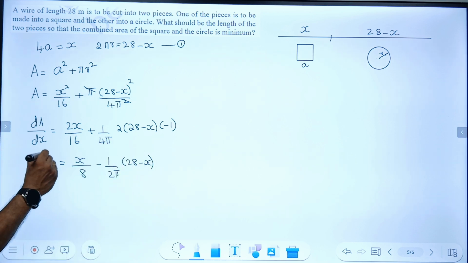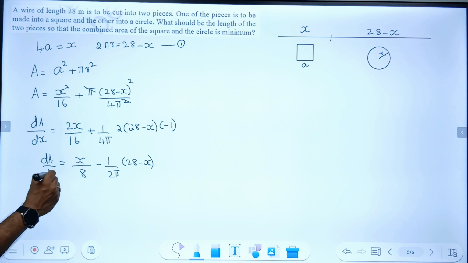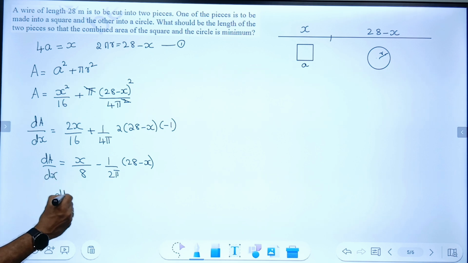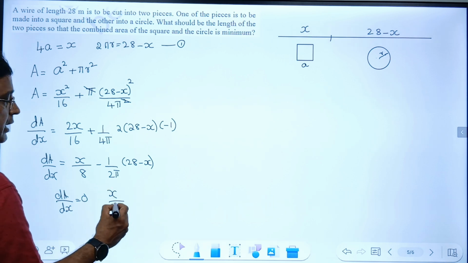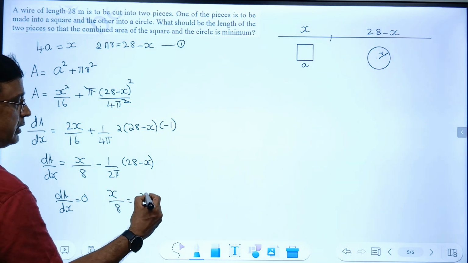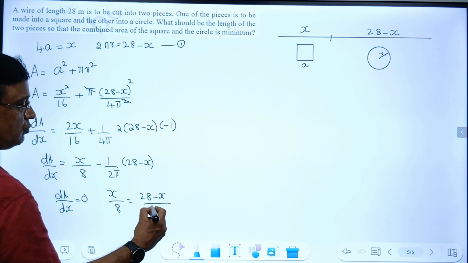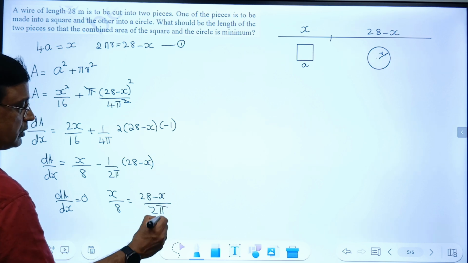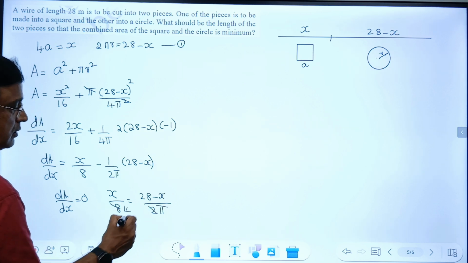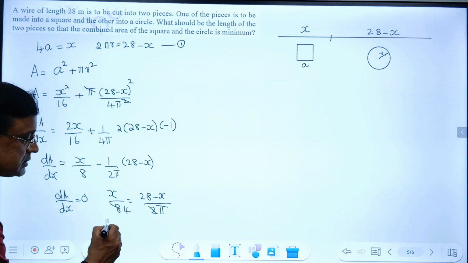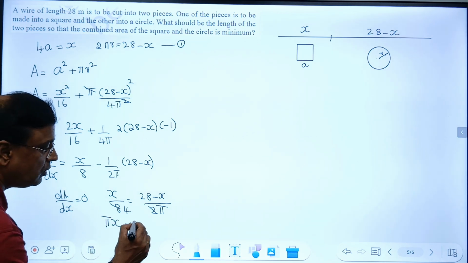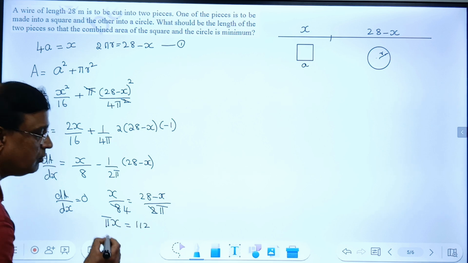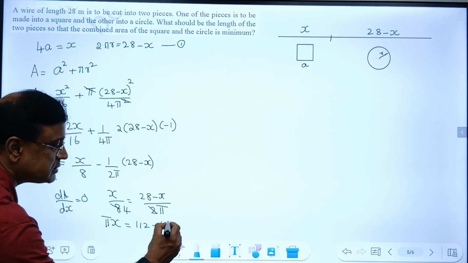Now I am going to find the critical point. As usual, every sum is the same method. So dA by dx equal to 0. When you equate it to 0, what do you get? x by 8 equal to 28 minus x by 2 pi. So 2 gets cancelled. So I am left with pi x, cross multiplying, equal to 112 minus 4x.